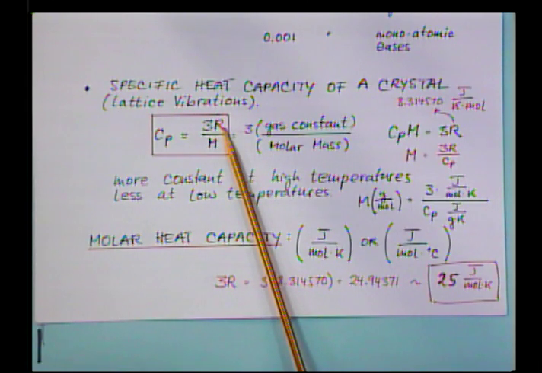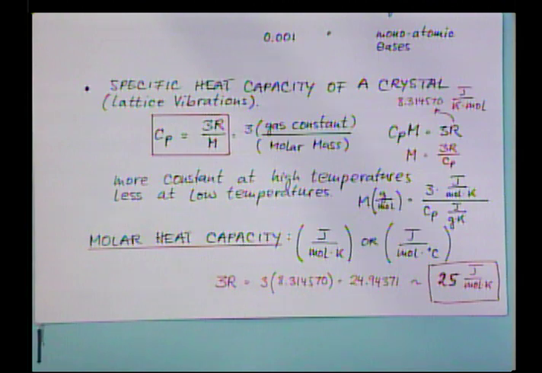So we can use this relationship to calculate the molar mass of an unknown substance. Once you know the specific heat and you know 3R, then you can calculate the molar mass. Or if you know the molar mass, you can easily calculate the estimated specific heat capacity.